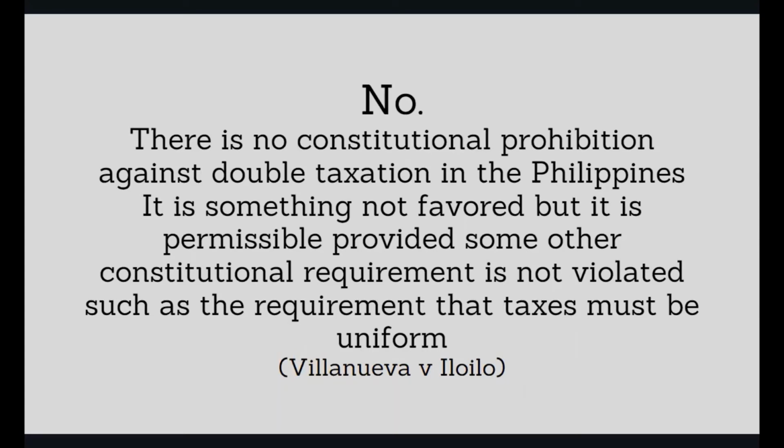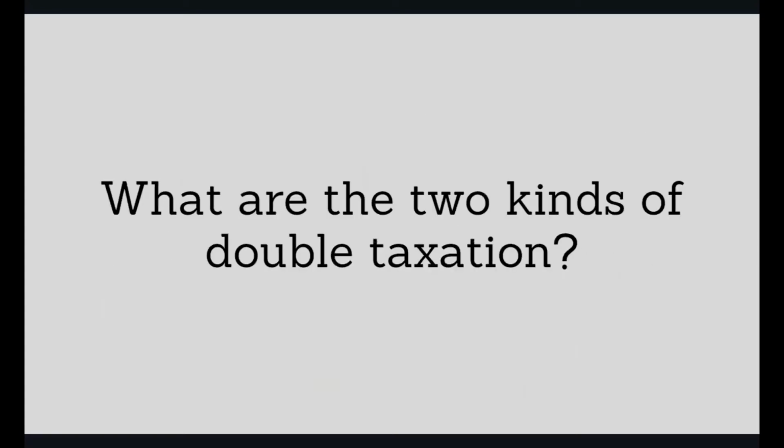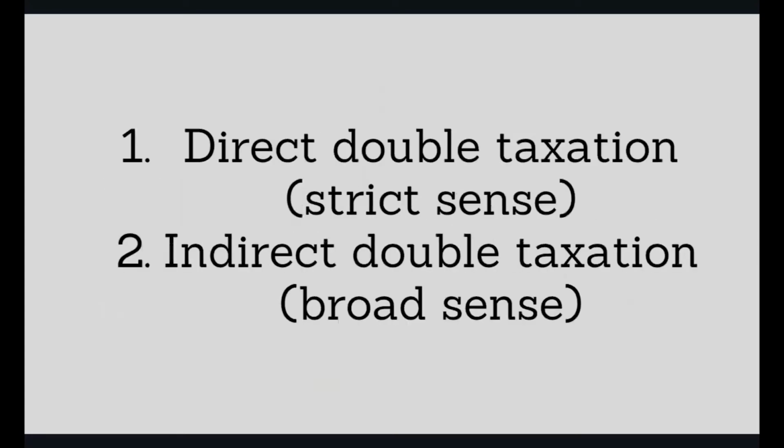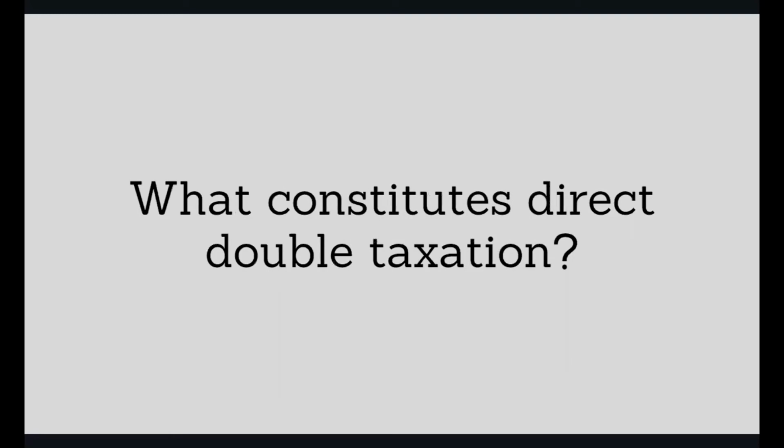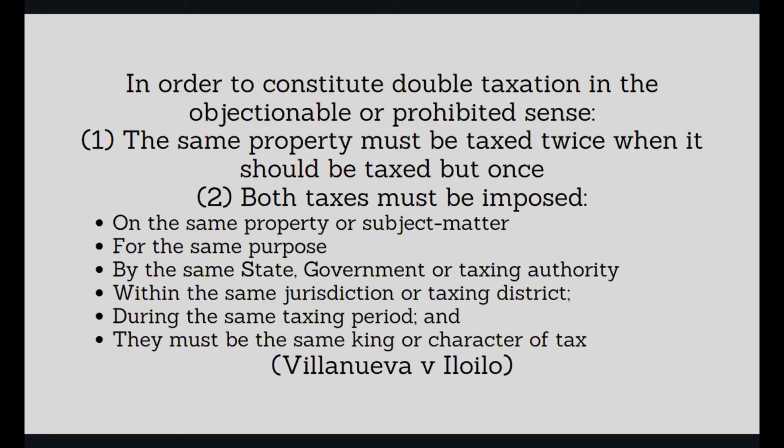Villanueva versus Iloilo. What are the two kinds of double taxation? First is the direct double taxation, or double taxation in the strict sense. Second is indirect double taxation, or double taxation in the broad sense. What constitutes direct double taxation? In order to constitute double taxation in the objectionable or prohibited sense, the same property must be taxed twice when it should be taxed only once.